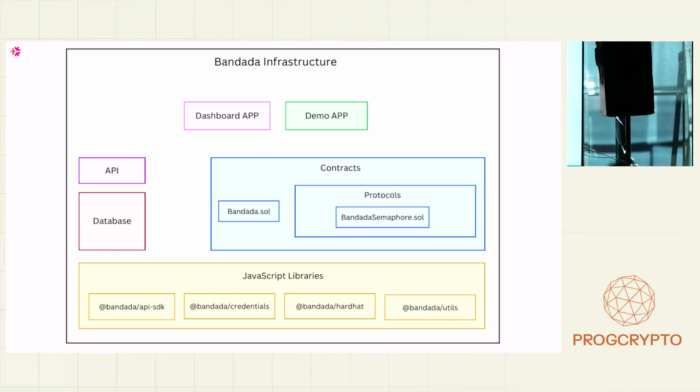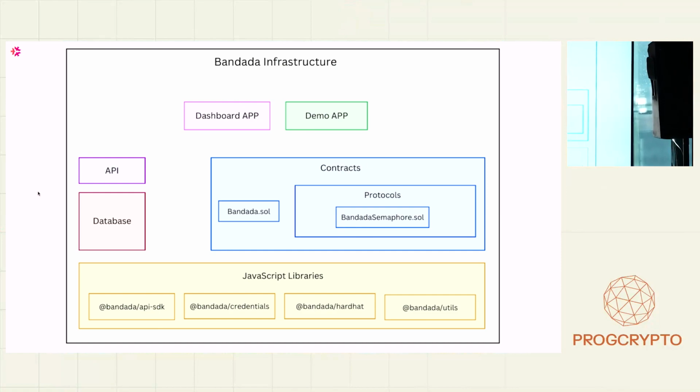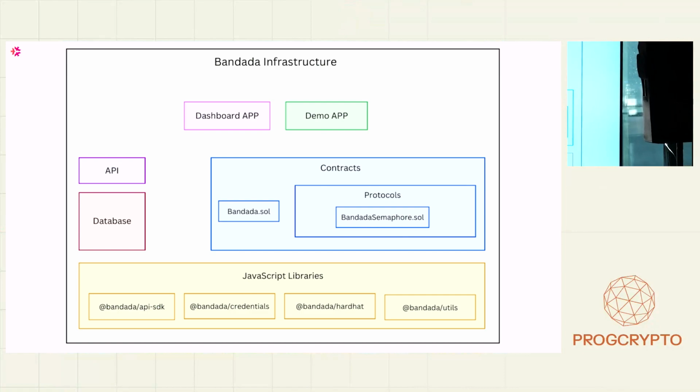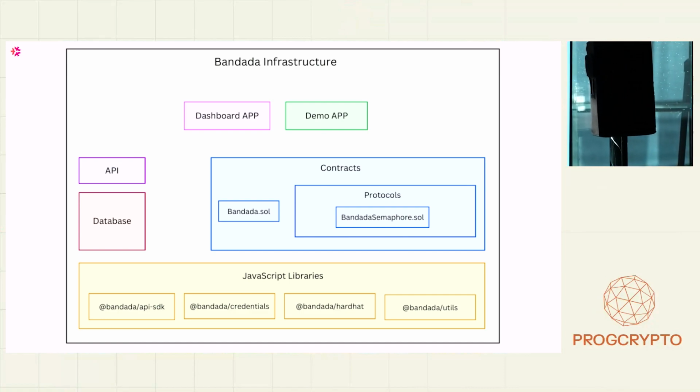In the infrastructure, there is also the API with a lot of endpoints to manage groups, and the database to save everything. And there are also contracts: the Bandada contract with the logic of Bandada, and other boxes for protocols.